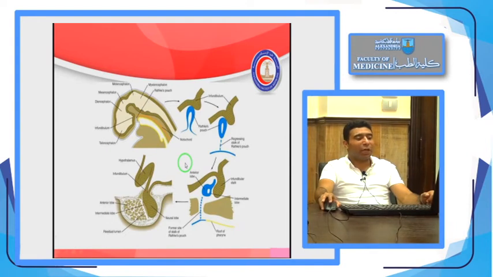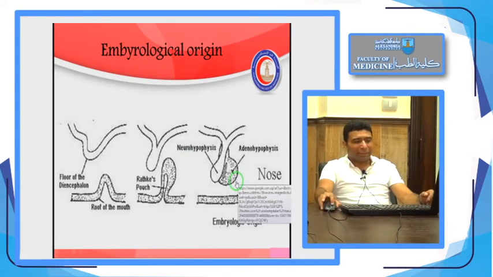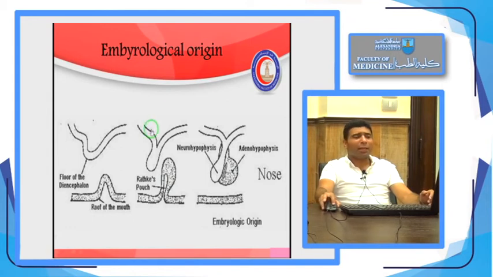Let's see the congenital anomalies. But first, what can you see? I can see that the roof of the mouth will form Rathke's pouch, Rathke's stalk. And the floor of the diencephalon, neuroectoderm, will form a pouch also. They will reach each other and fuse to make the pituitary gland.